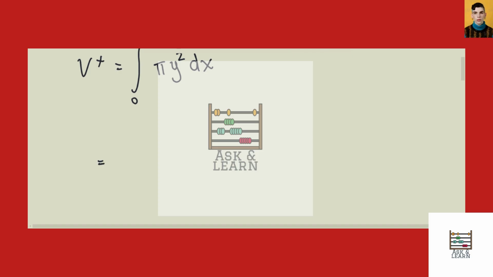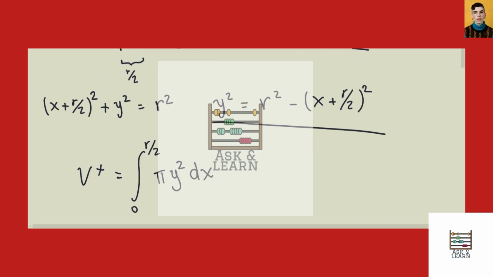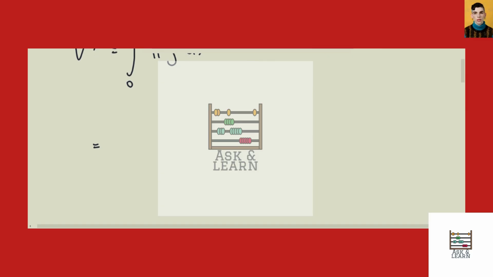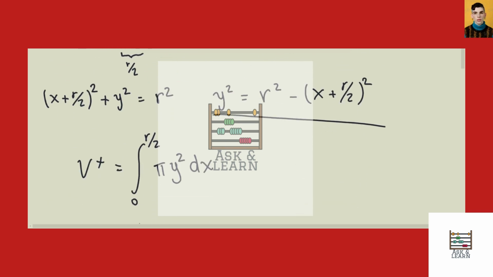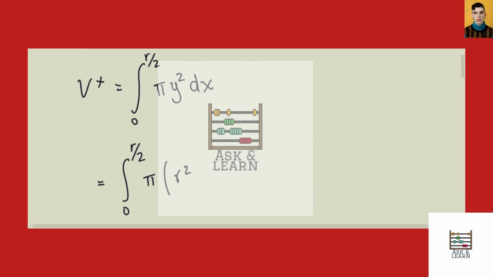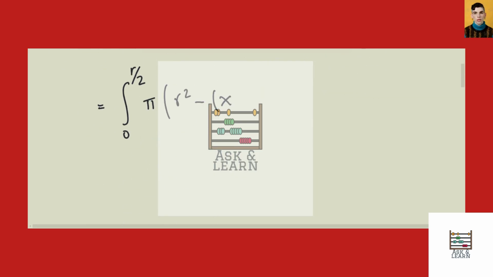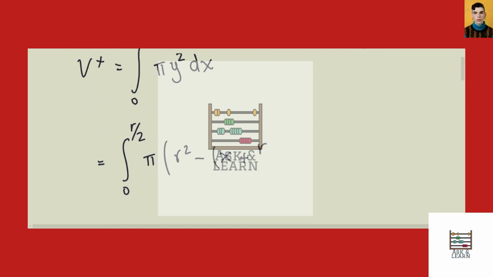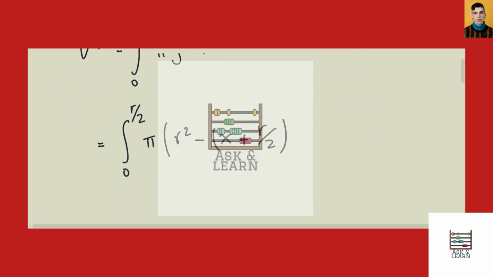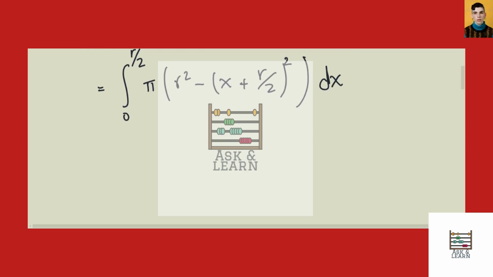So we substitute what we obtained for y: the integral from 0 to r over 2 of pi times r squared minus x plus r over 2 squared. Remember that r is just a constant, the radius of the circle, and it does not change. The only variable here is x.